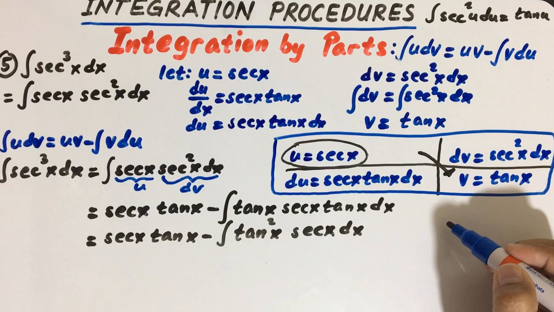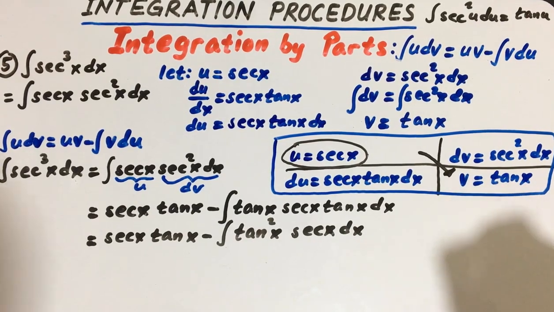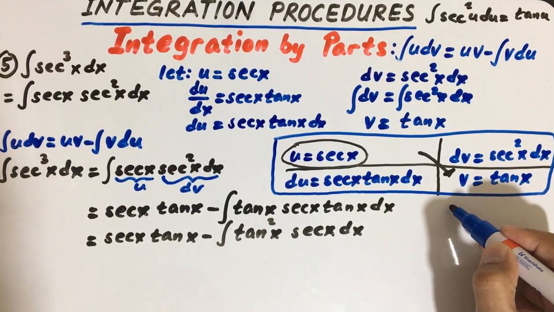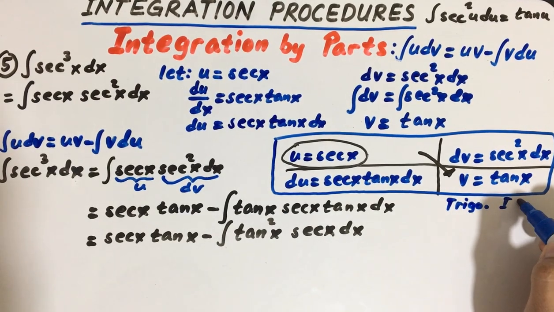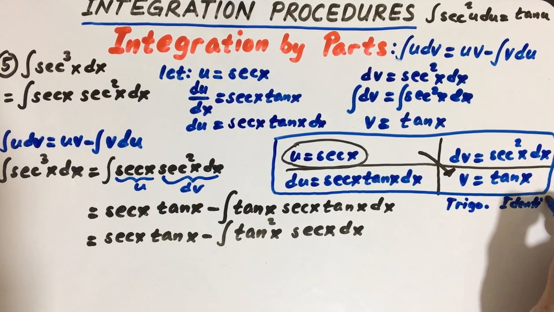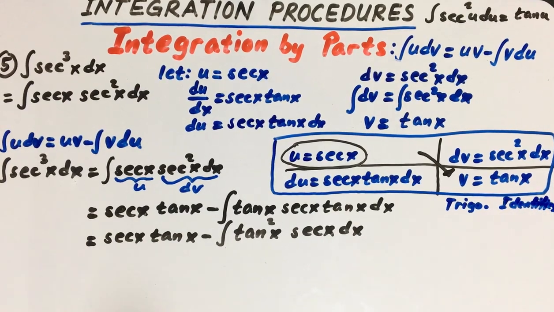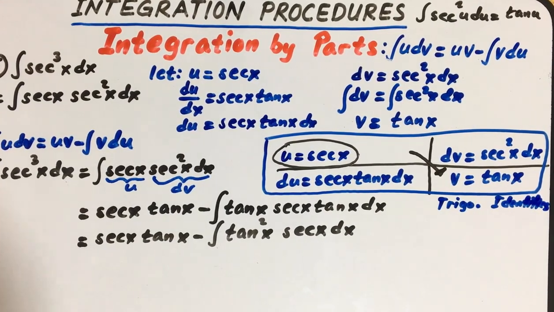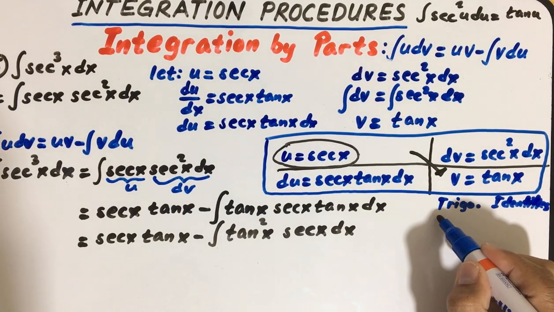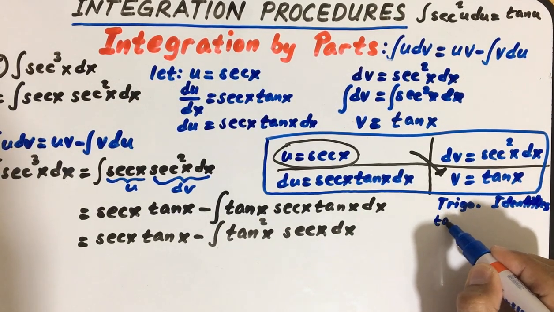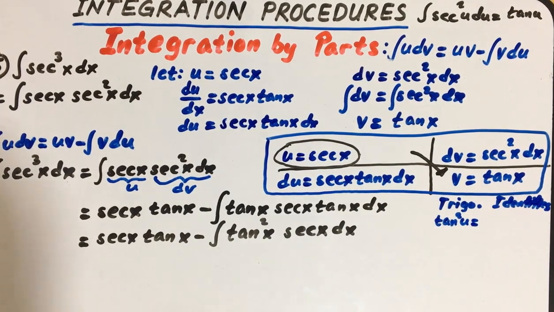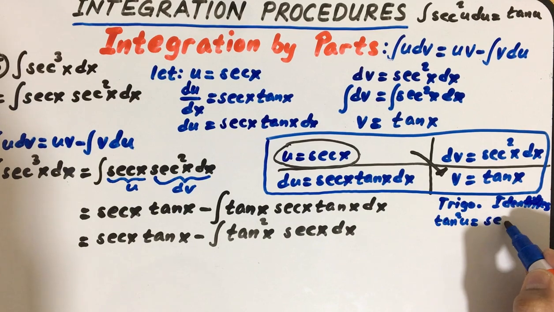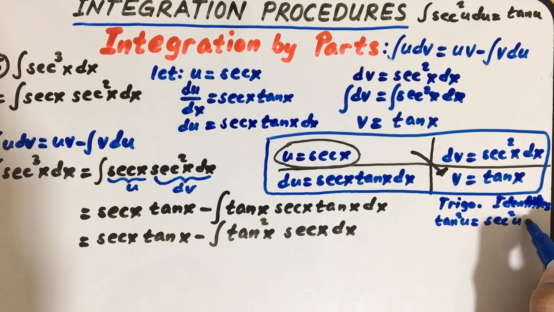Our trigonometric identities: tangent squared u is equal to secant squared u minus 1.